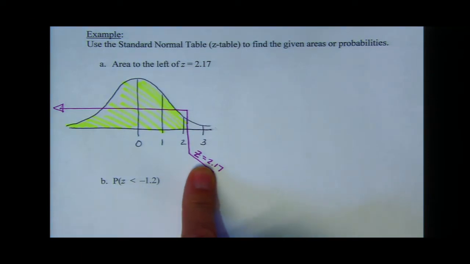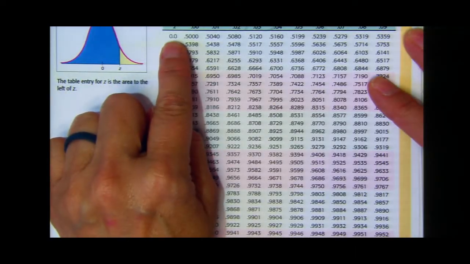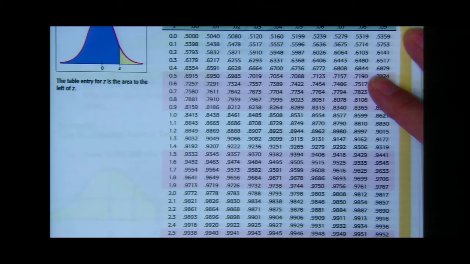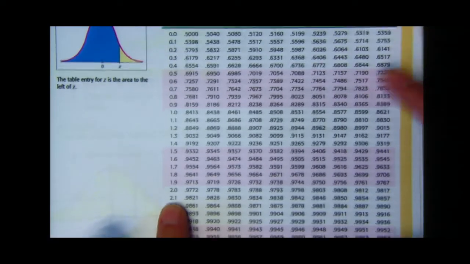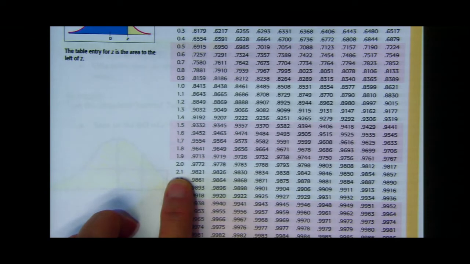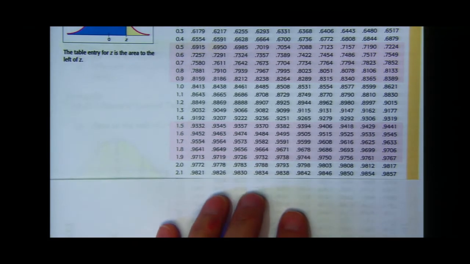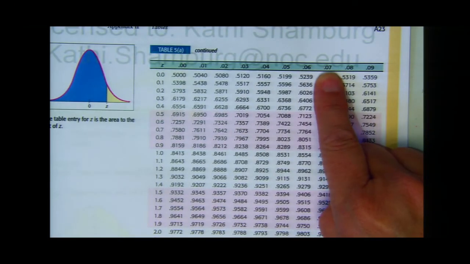So what I'm going to do is go to the positive z-table. So look in the column where you have your positive numbers. Here you have the whole number and the number in the tenths place. And then up here you look for the number in the hundredths place. So we have 2.17. So I'm going to go to 2.1, which is here. And then at the top, in the hundredths place, I have 7.